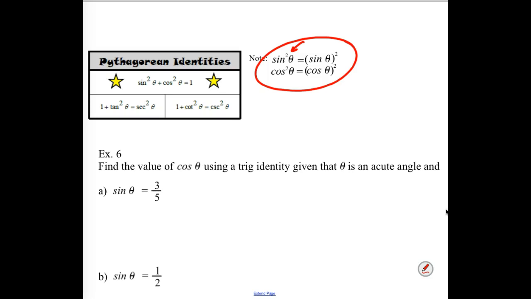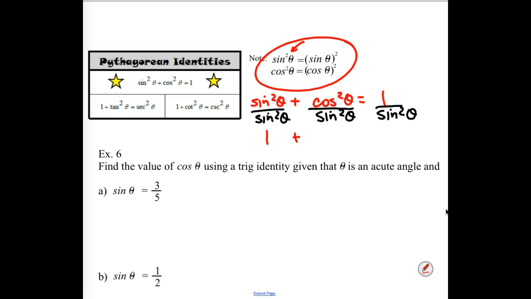All right, I'm going to show you how. If we start out, sine squared of theta plus cosine squared of theta gives us a 1. I want you to divide everything by sine squared. Now, what does that give us? What's sine squared divided by sine squared? 1. Cosine divided by sine is which trig function?